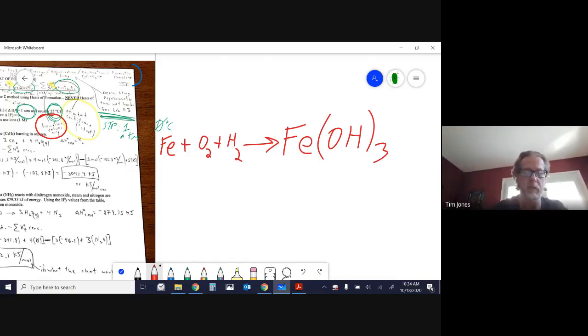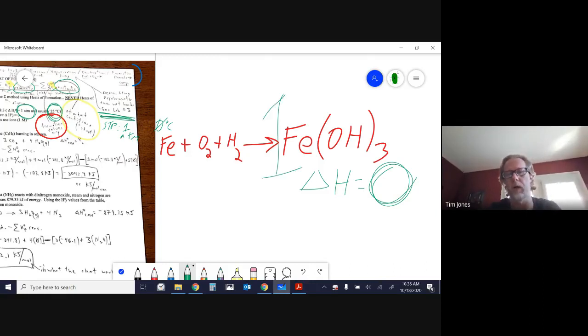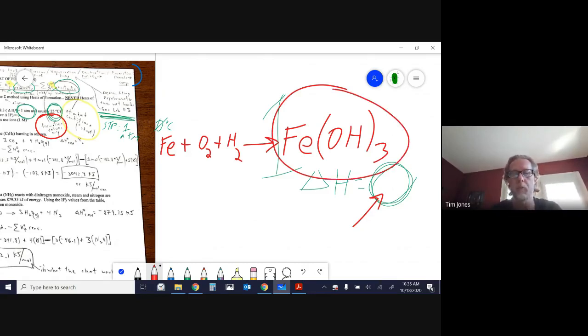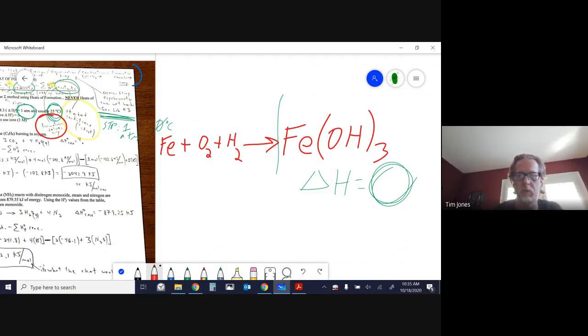Based on the number in the chart, if we wanted to keep the delta H from the chart, you have to keep this a 1 right here. That's a required 1 because this value is per mole of this stuff. Now, of course, let's say that for some reason we put a big 2 here. That's fine.